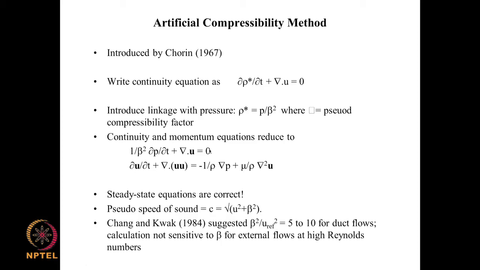You have del dot u equal to 0 plus del dot u u equal to minus 1 by rho del p plus mu by rho del square u. So the steady state form of these equations is the same as the steady state form of the true Navier-Stokes equations with the true density and true properties.